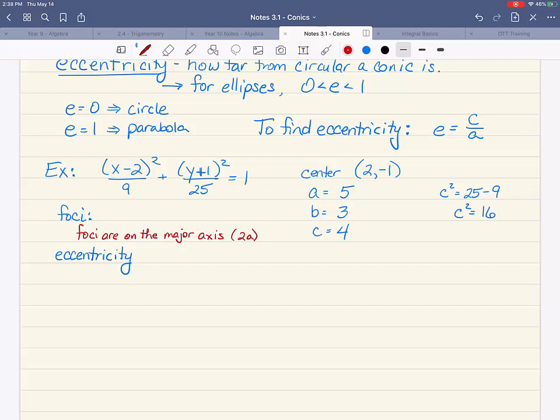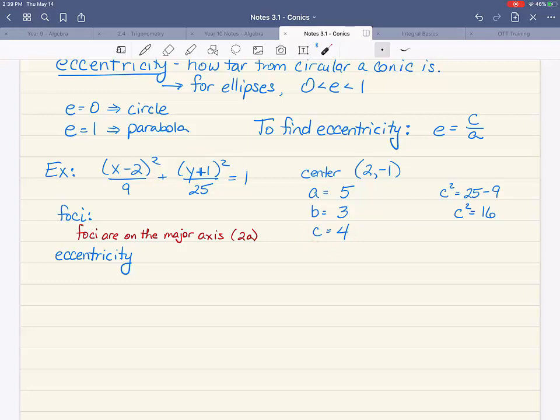So what you have to do is go back and look and see which axis a is, and then you add your c value to the center for that. So here it tells me that a is 5. Which denominator was a? a's denominator was under y. So that tells me I have to add my c value to the y.